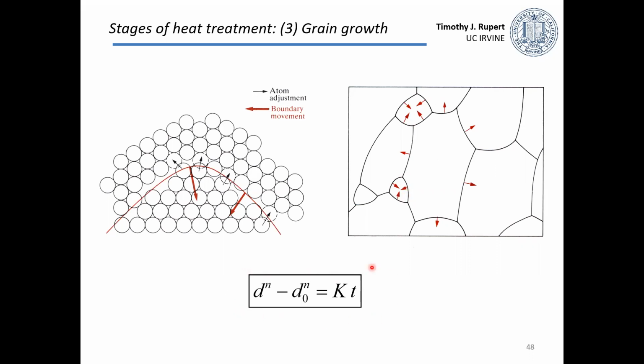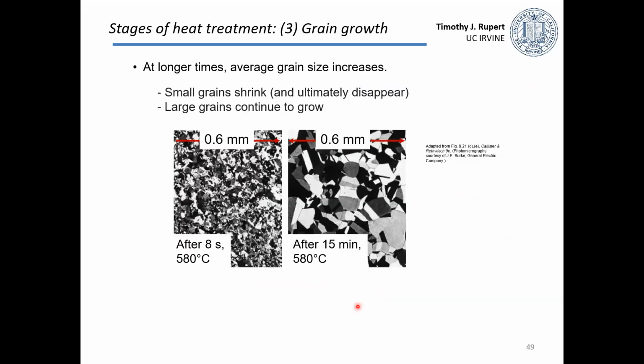Generally, that process of grain growth, so the grain size at any time to the power of n minus the original grain size to the power of n, follows some law that's kt, okay? So this is called a power law for grain growth. So at longer times, the average grain size keeps increasing. The small grains are shrinking, and they're ultimately going to disappear, and the large grains grow.